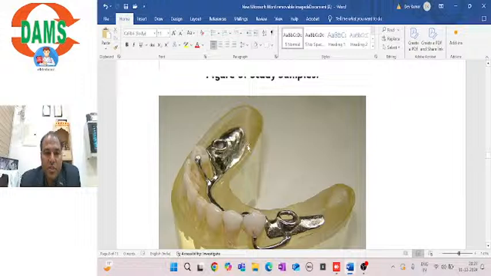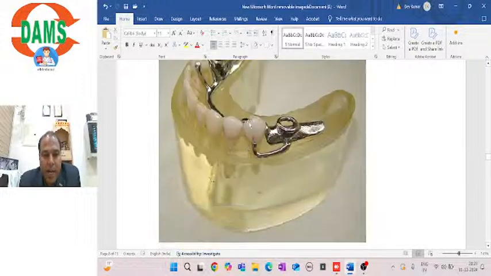Okay, which concept is this? This concept is an RPI concept. RPI concept is based upon the mesial rest, the distal proximal plate and I bar. It is based upon minimum tooth and tissue coverage, both soft tissue and hard tissue, with maximum stress optimization.